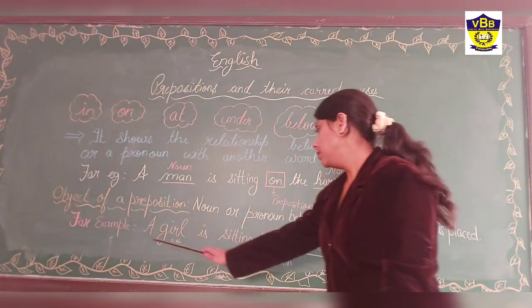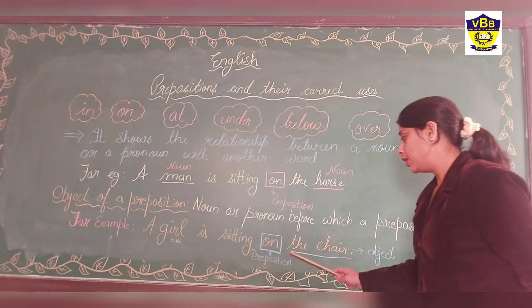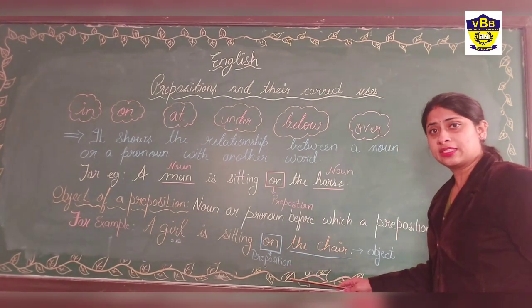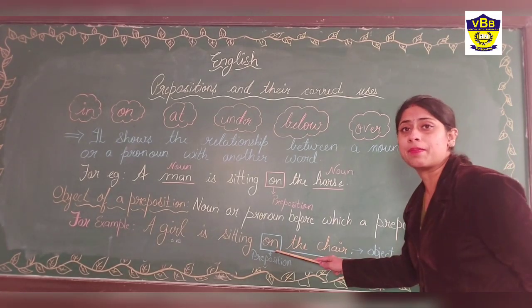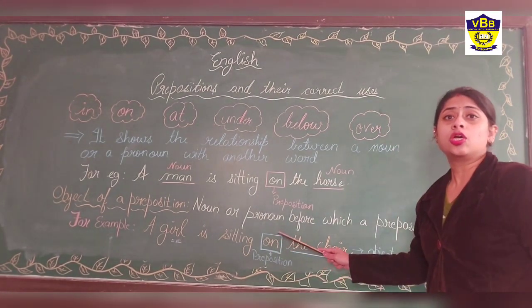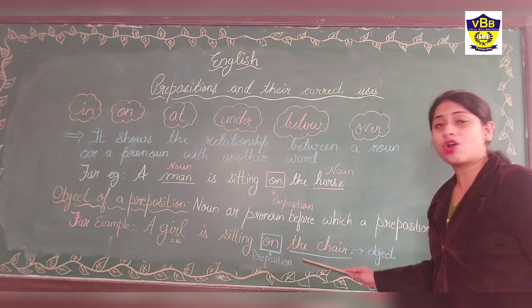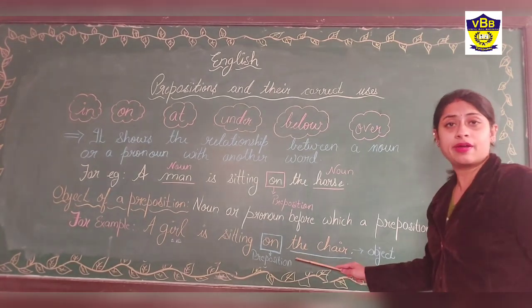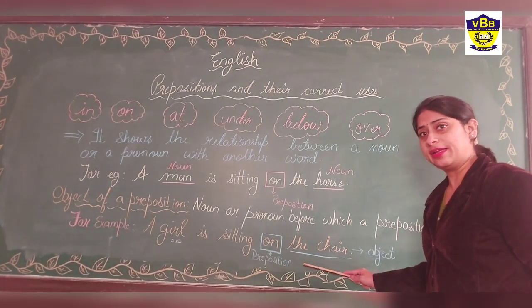For example, a girl is sitting on the chair. So here, which is the object? The chair. Why? Because before it we have used a preposition which is on. The word before which we are placing the preposition will be your object. Here the chair is the object because we are placing on before it. Clear?